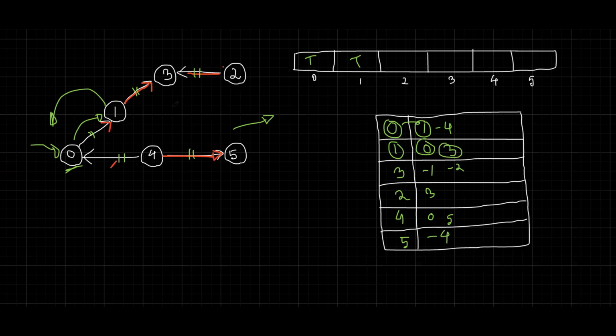This basically means that we have to reverse the edge, that this positive value basically means that there is an outgoing edge from 1 to 3. So we have to reverse it. From 3, we can go to 1, but 1 is visited. We can go to -2.